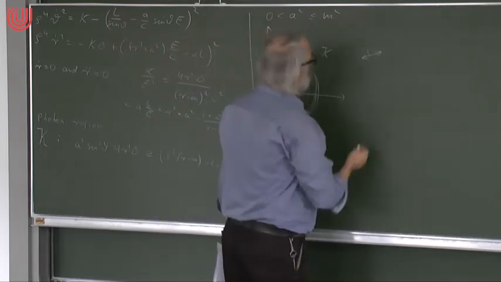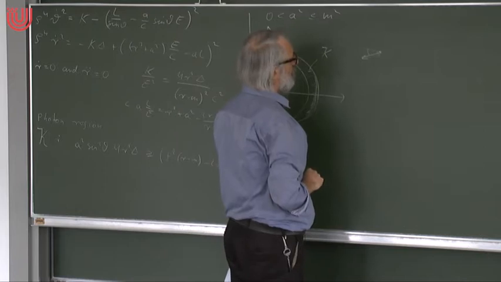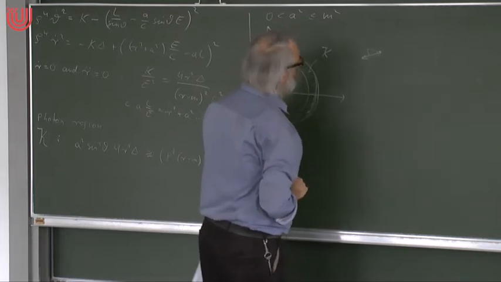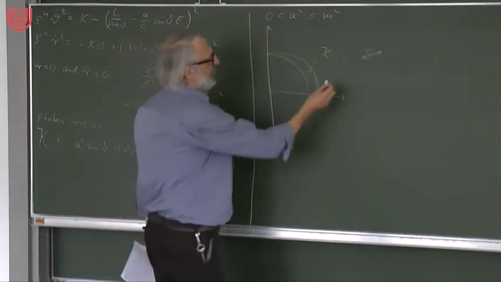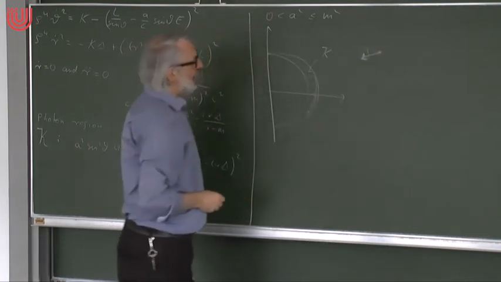Well, we need to introduce a certain basis at this point, 4 linearly independent vectors, and we write the initial direction of the light ray as a linear combination of these.